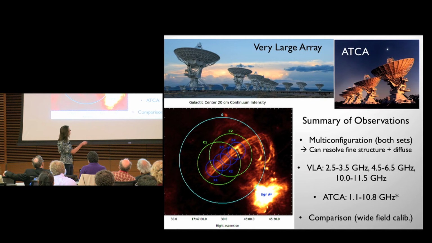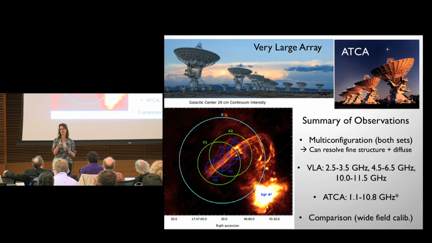I'm going to focus mostly on the fairly stunning VLA images that have come out of this work. I'm going to show also some polarization results. We have also covered the same fields with the Australia Telescope Compact Array just during the last year as a nice complement and also a check.